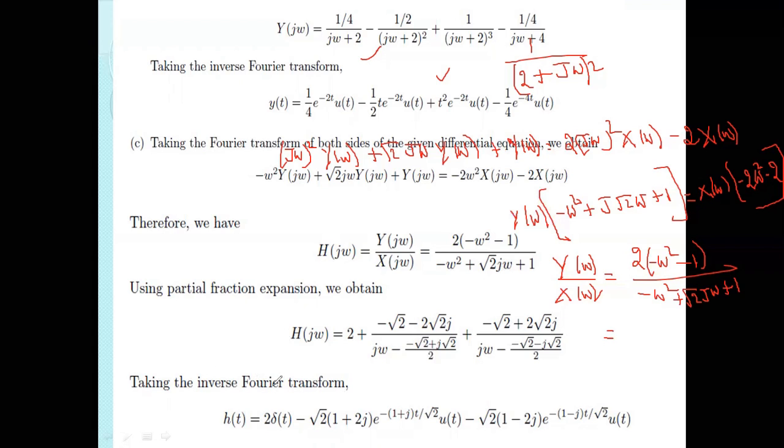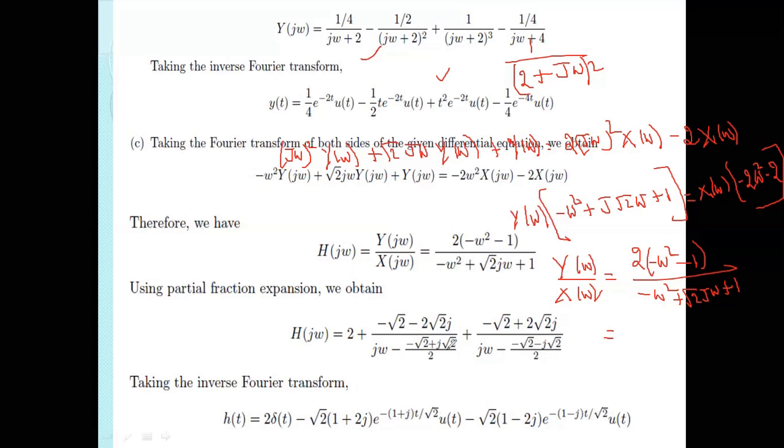Okay, what is the inverse Fourier transformation of this function? 2 is there. For 1, the inverse Fourier transformation is a delta of t, in the form of a constant. Minus root 2, 1 plus 2j, and 1 by a minus j omega means e power minus a into t mu of t. What is the a here?